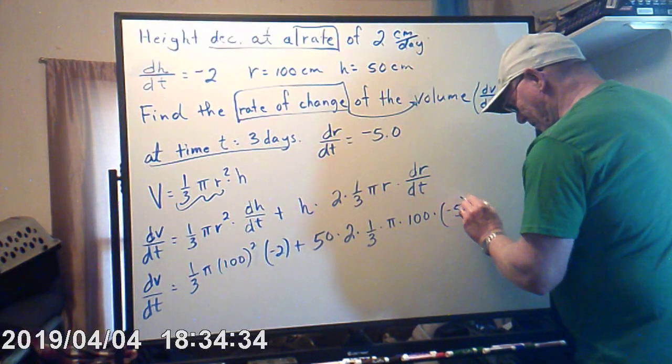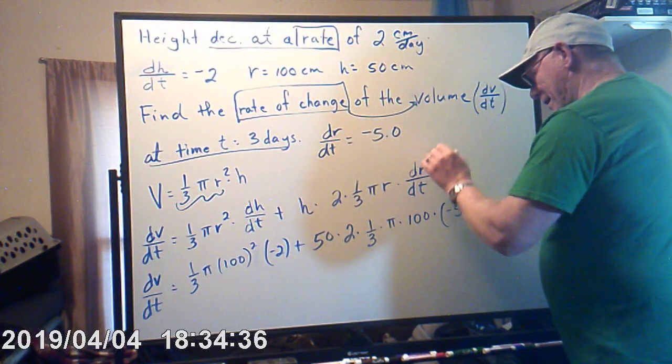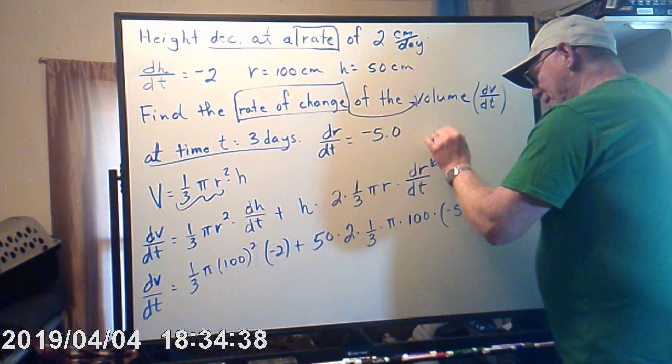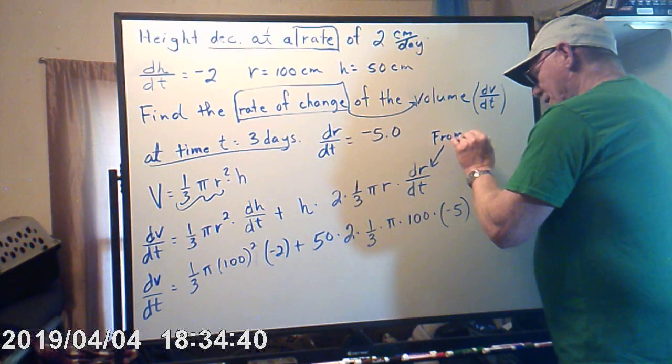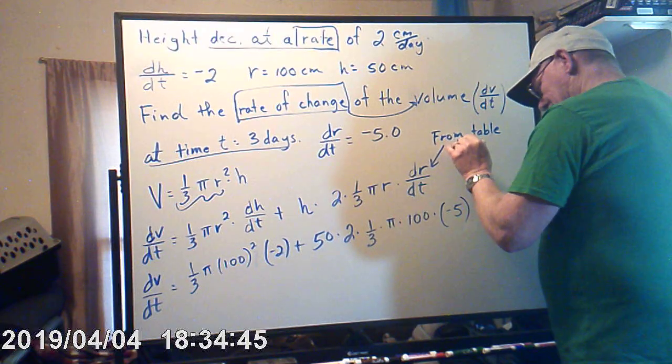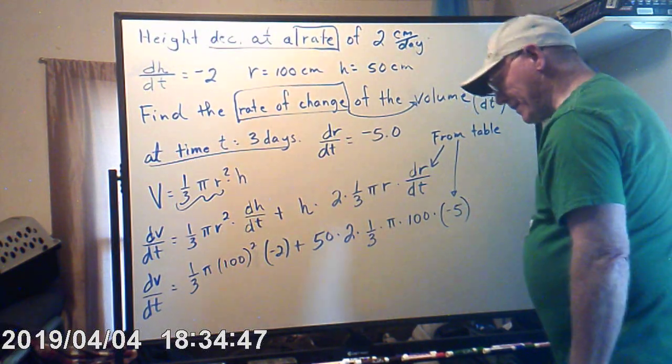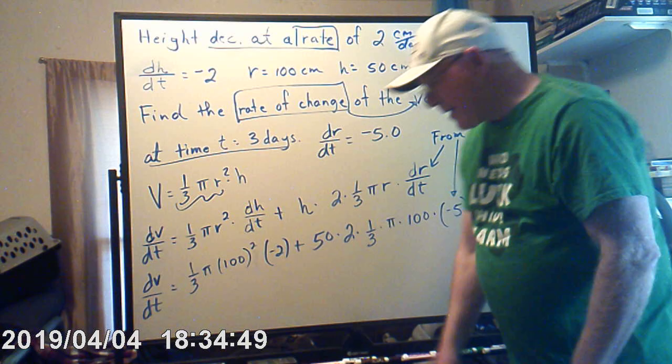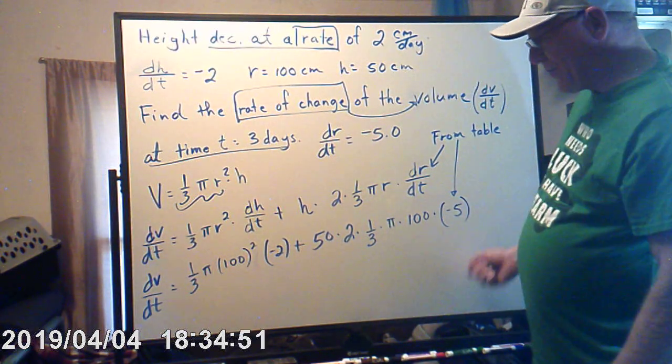And that's where you get that from the table. All right, this came from the table, right here. You had to pull that out to get that. So now you have everything accounted for.